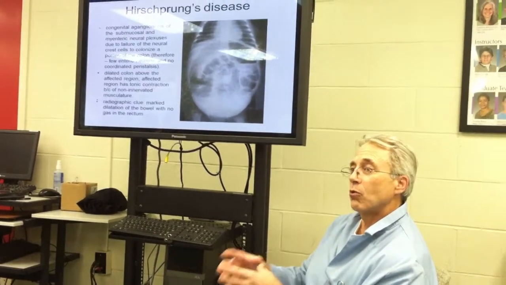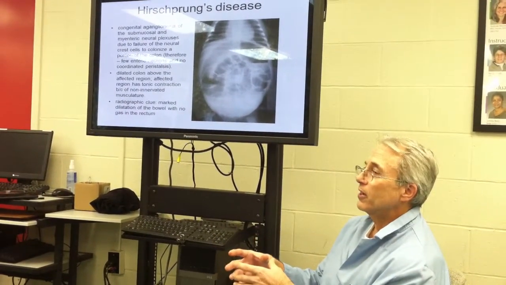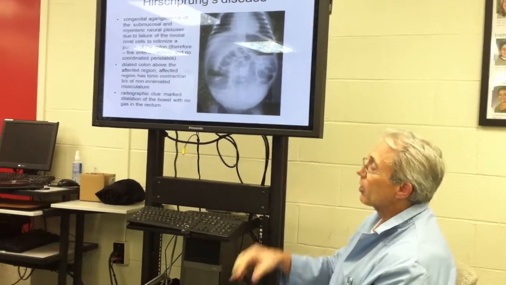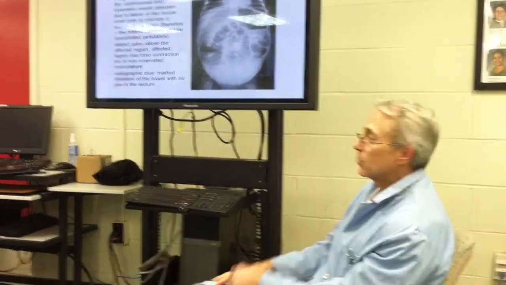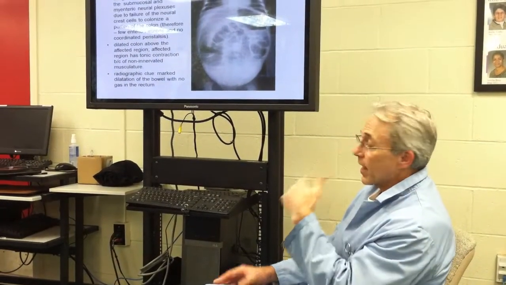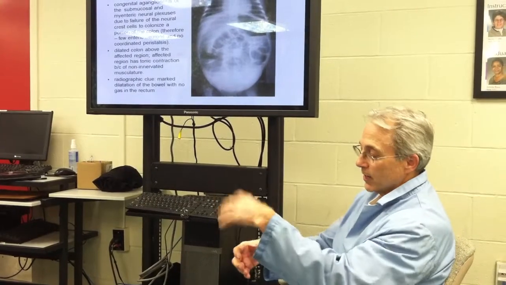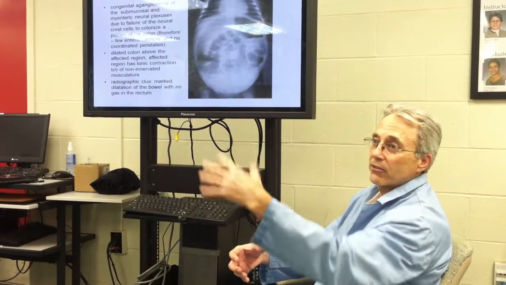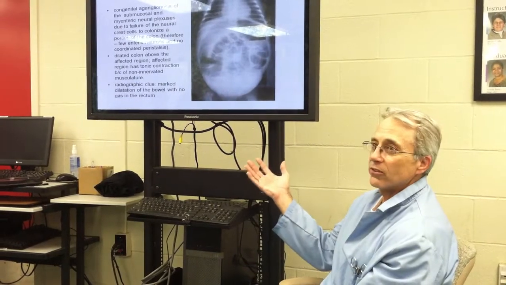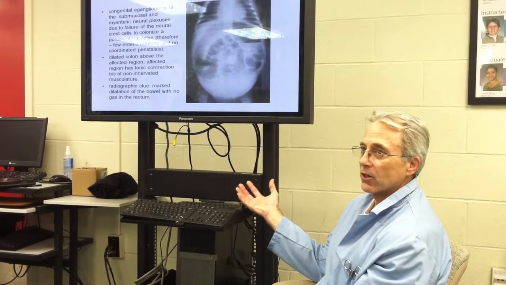So you actually get a portion of this large intestine that's not innervated, doesn't have the enteric neurons there for the digestion to take place. So there's no peristaltic wave in that section. So what happens is fecal matter comes up to that denervated section and backs up, right? So you get this megacolon. So Hirschsprung's disease is aganglionic megacolon.